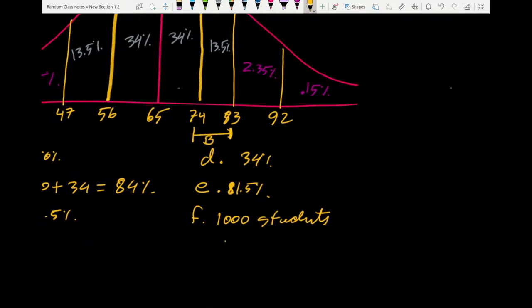So we're looking at 13.5% of the population of 1,000. That will be the hardest one. 1,000 times 0.135 is 135 students.